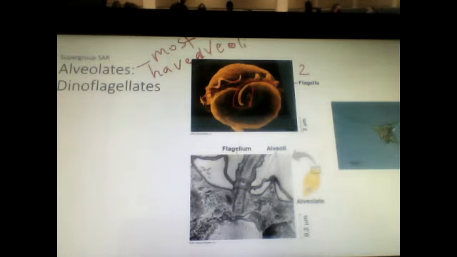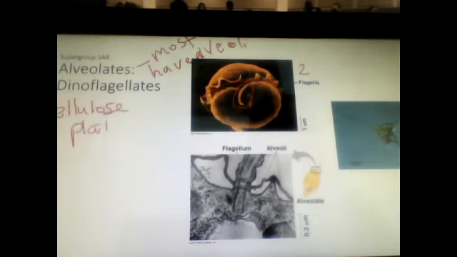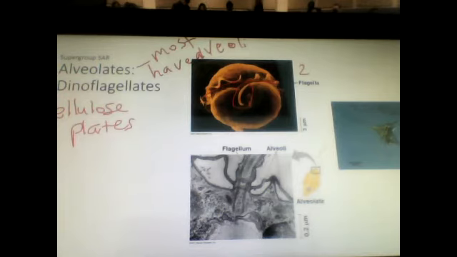The other thing about them that is a common characteristic of the dinoflagellates is they have cellulose plates as part of their cell wall. It's like an armor for them. And they're present in plankton, like everything else we've talked about so far today.